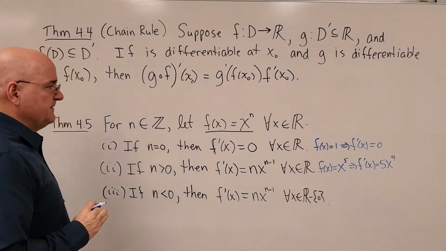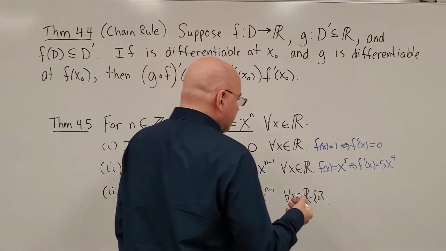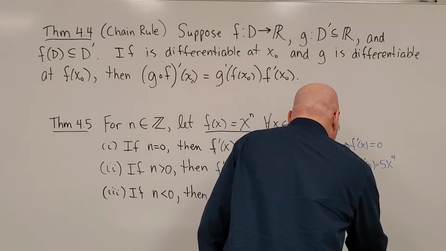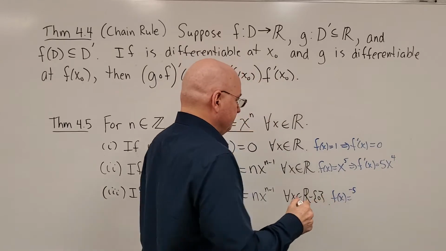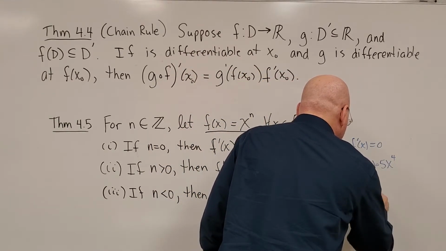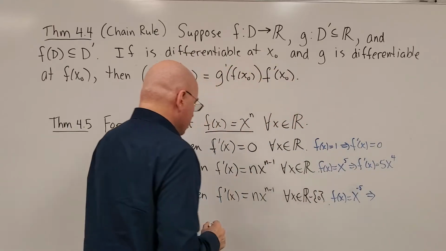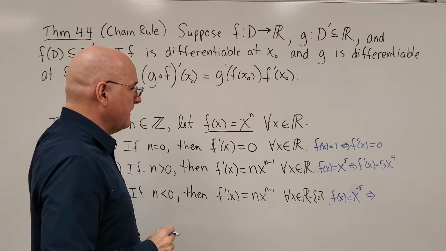We remember that. And this last one, though, I'm going to choose a negative number, so let's just choose f of x equals x to the negative 5. So n would be, in this case, a negative 5.